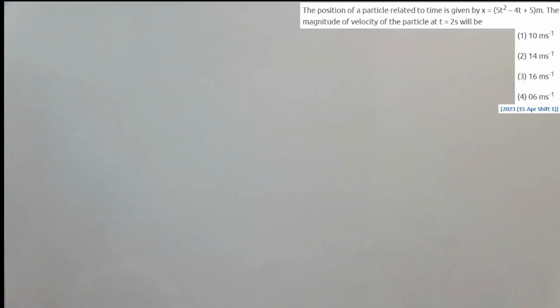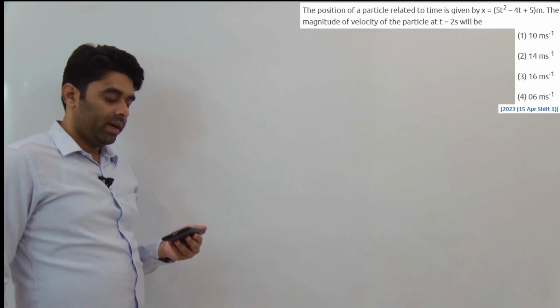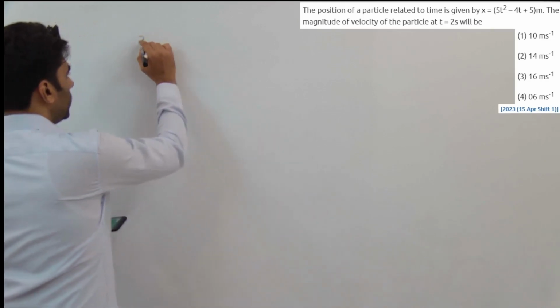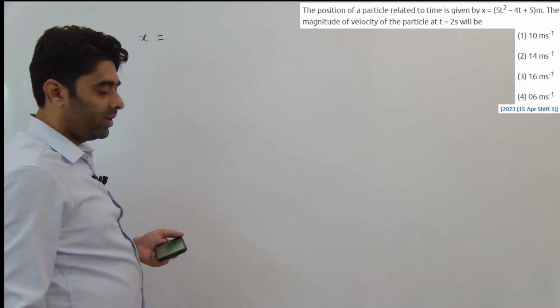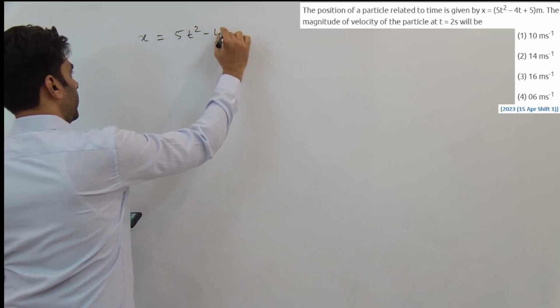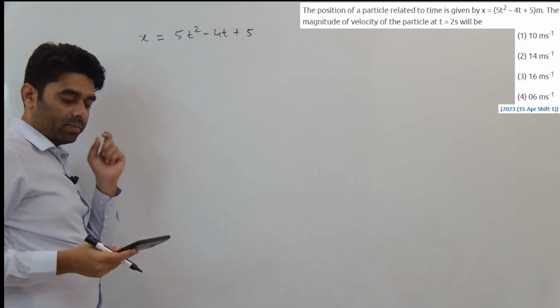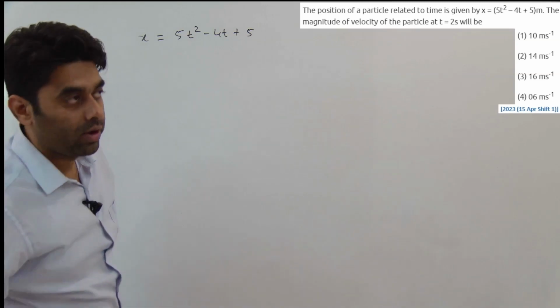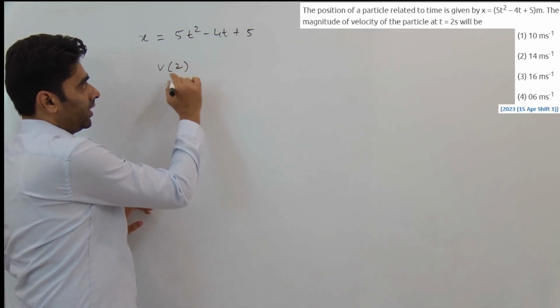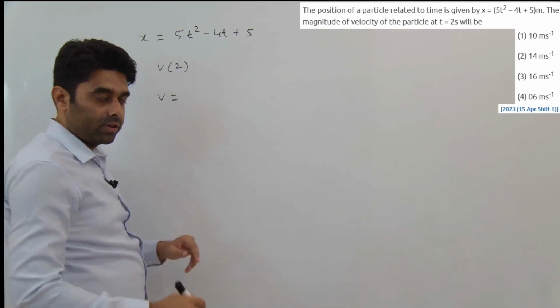Our question is, the position of a particle as a function of time t is given to us: x equals 5t square minus 4t plus 5. The magnitude of velocity of the particle at t equals 2 seconds is being asked, beta. First let us calculate velocity as a function of time t.